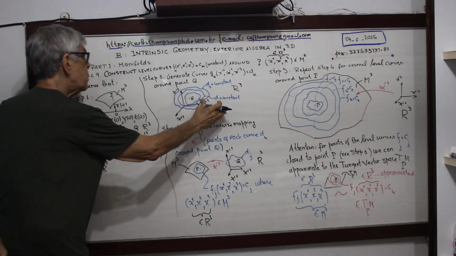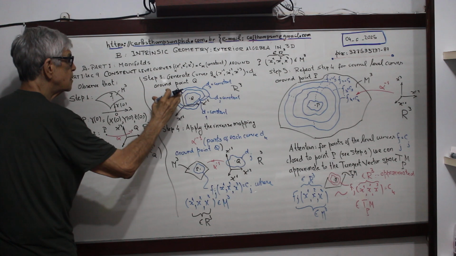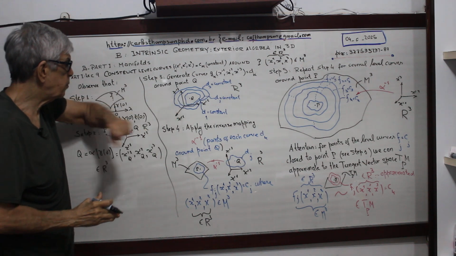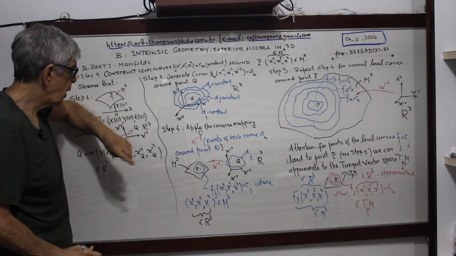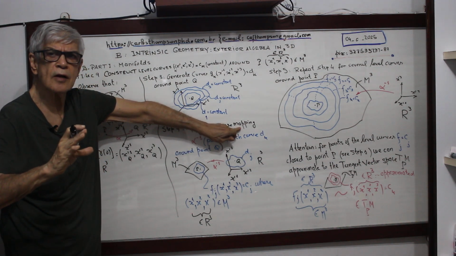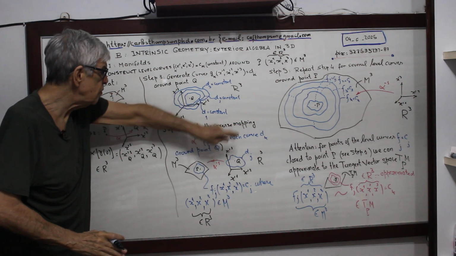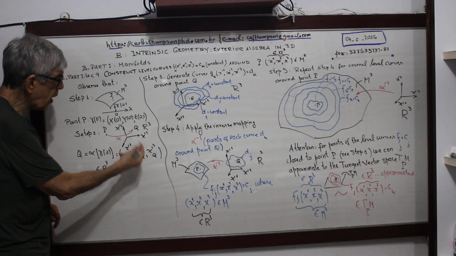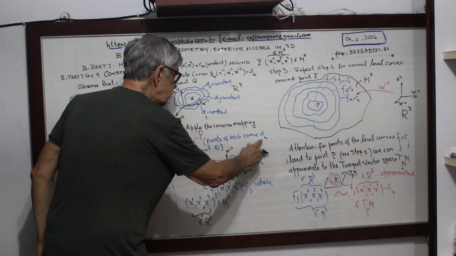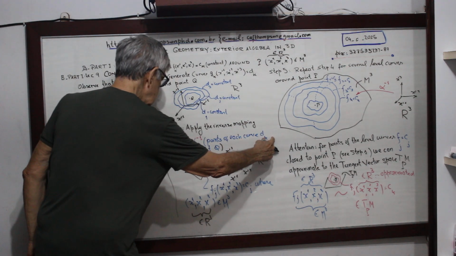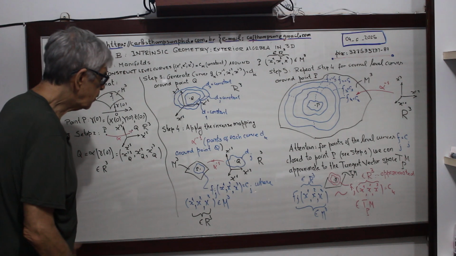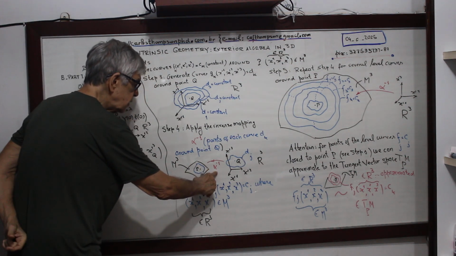The curve was mapped, and that's important, mapped from the manifold to this point over here. So, step 4, apply the inverse map, as we did before in previous lectures. I'll apply the inverse, alpha minus 1, to the points of each level curve d_k equal to constants around point Q. This is the inverse linear mapping.